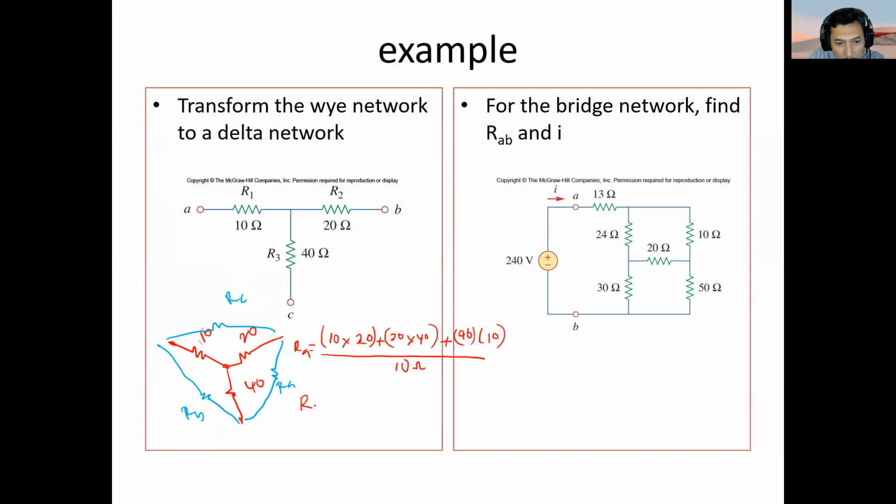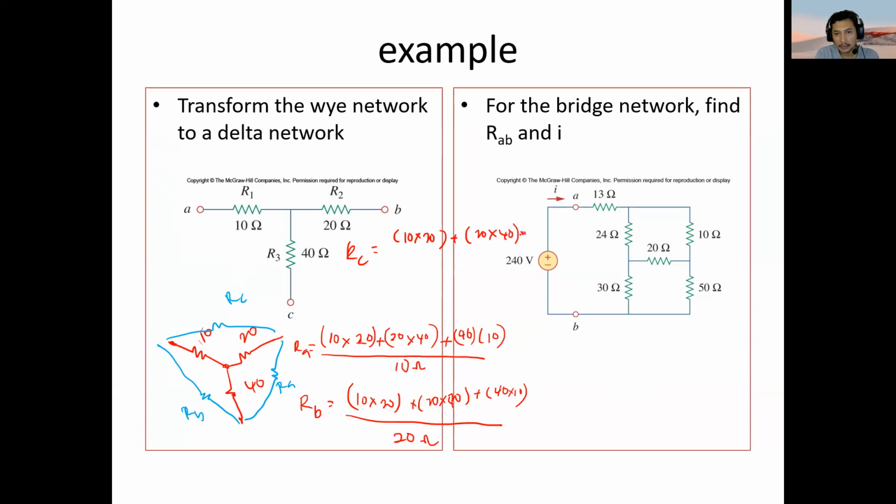The same goes for RB: 10 multiplied with 20 plus 20 multiplied with 40 plus 40 multiplied with 10, over the opposite of RB, which is 20 ohm. For RC it is the same, over the opposite, which is 40.